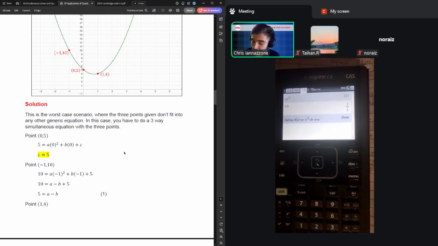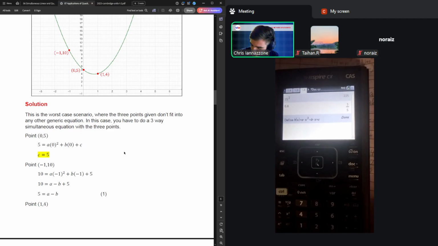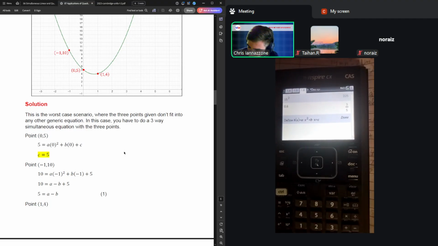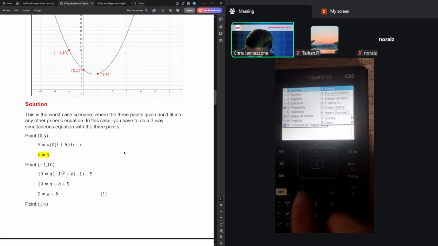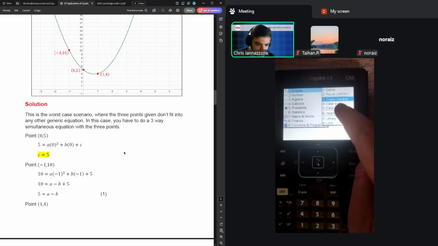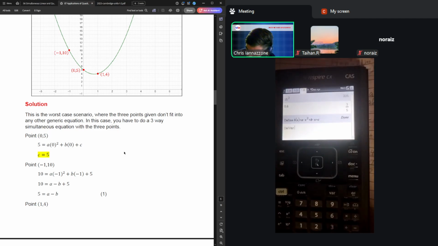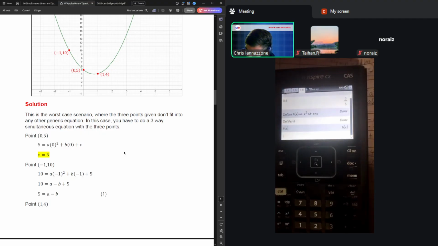As a side point, if for whatever reason you got any of those letters as bold, so see how this h is bold as compared to this a, which is not bold, it means you've already defined that letter as something else. Go through and use the delete variable option, which would be simply write the letter and then hit enter. That will then delete it, so you can then use it properly.